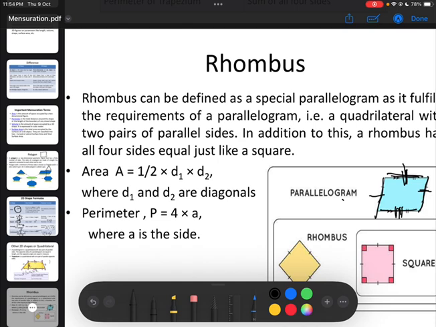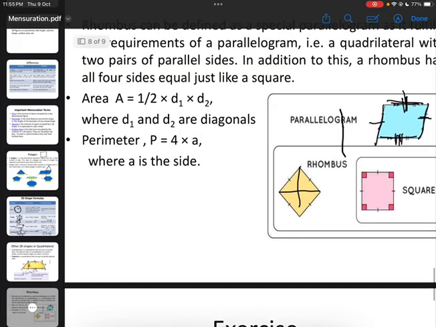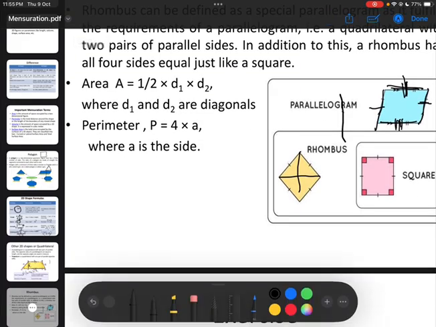Then the area of the rhombus is A equals D1 and D2. What are D1 and D2? D1 and D2 are diagonals. Let's see. This is our rhombus.